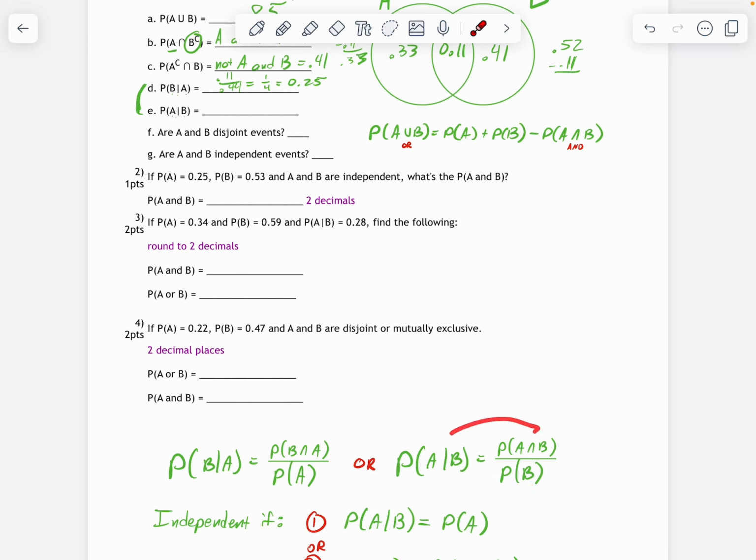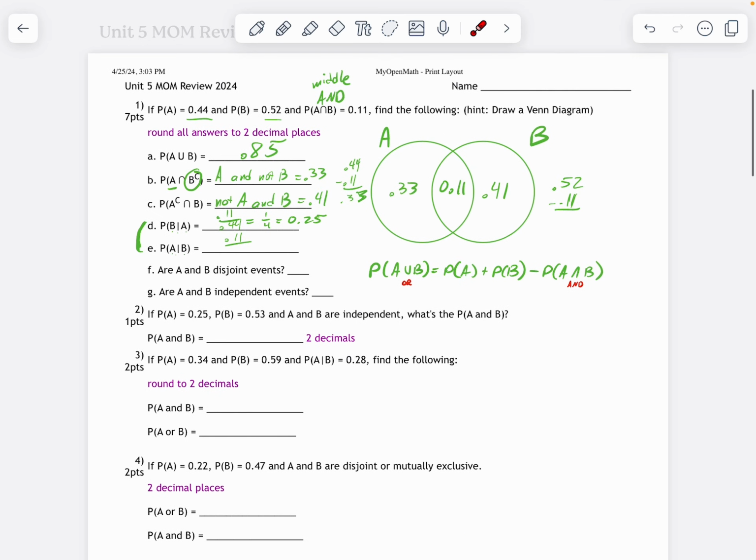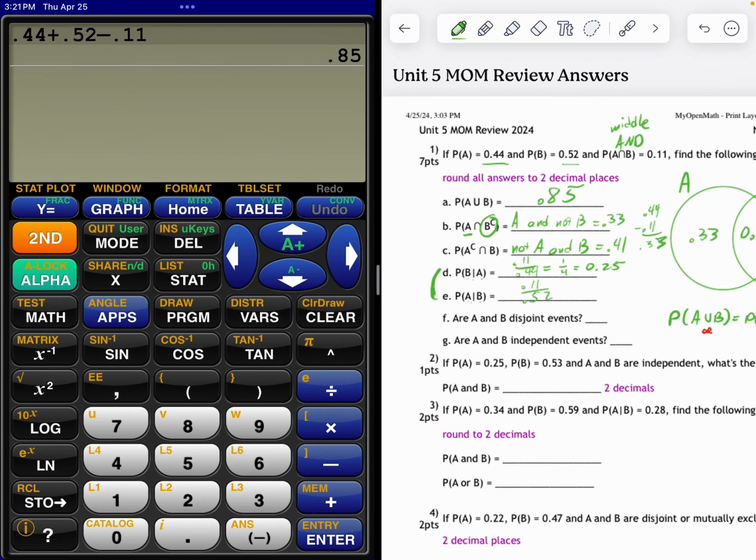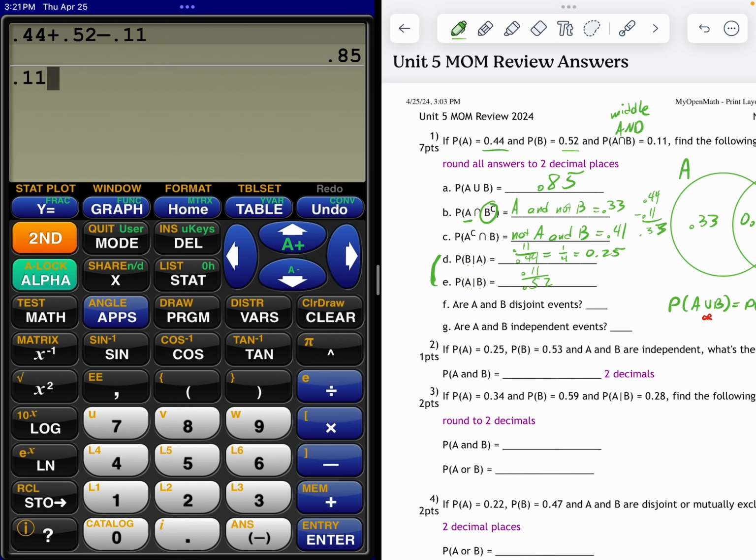So the numerator, again, is still the probability that they both happen, but the denominator is now the probability of B happening, which again is here, not the 41. It's the 52. So 11 divided by 52. You will need your calculator to get the decimal, and I don't know how to round it. Oh, it says round it to 2 decimals today. So I would round that to 21%.